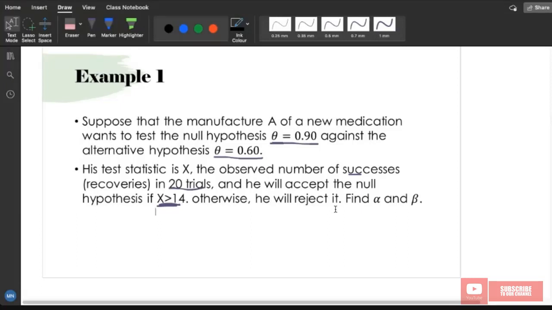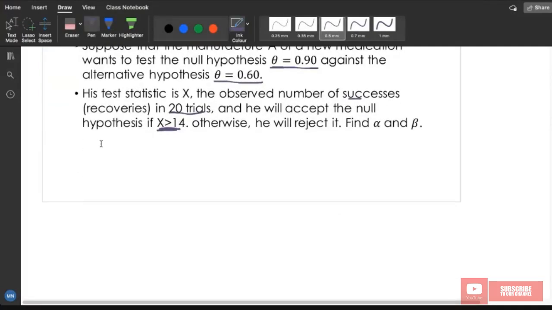And you also have the probability of success, which is 0.9. So this is what we call a binomial problem, right? We have two outcomes, 20 trials, and probability of success 0.9, theta equal to 0.9.